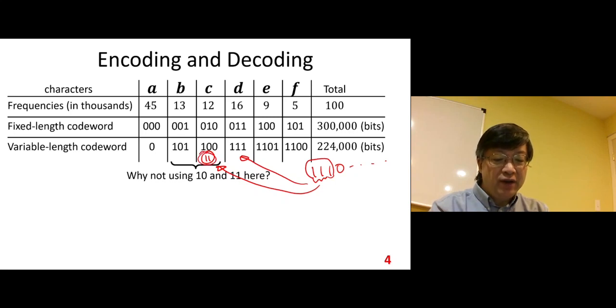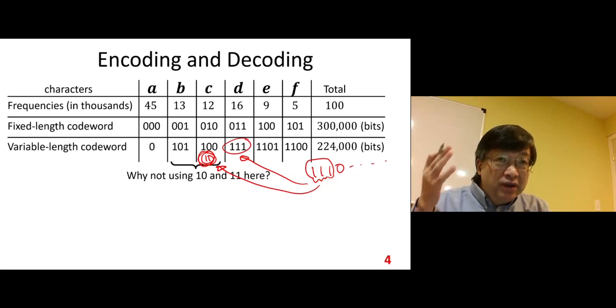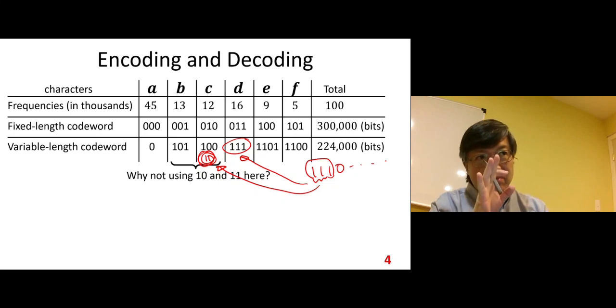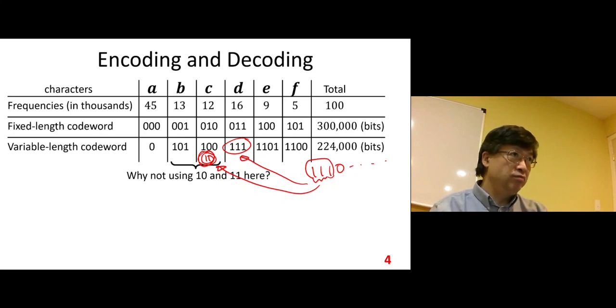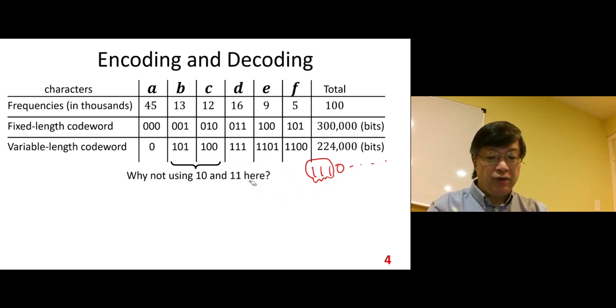Because 11 could be this one, and it could be 111 for this one. So you will get confused. That means your coding method is bad. Your coding method cannot avoid confusion. So when you design your coding method, you have to avoid any confusion like this.